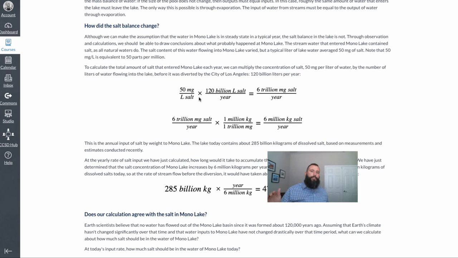We're able to cancel and cross those units out, right? So liters salt over liter salt will cancel out, and our final unit for our answer will be milligrams over years. And when we look at the answer, sure enough, milligrams salt over year, right?